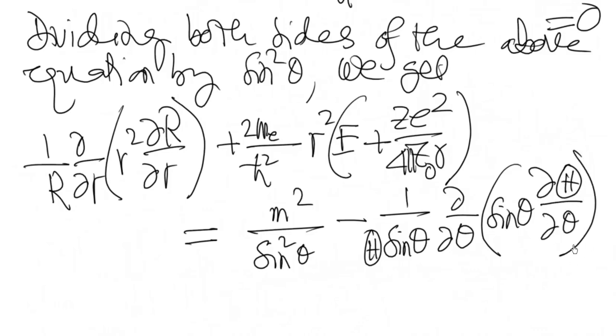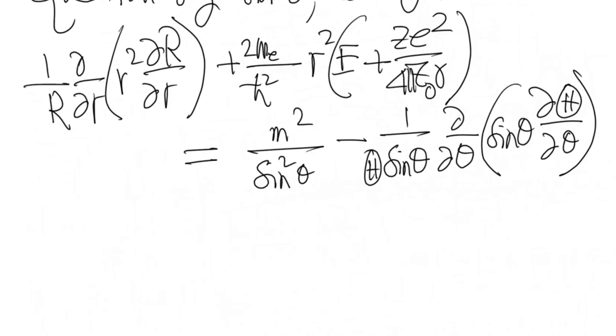Now in this equation also we see that the left hand side depends only on the small r variable and the right hand side depends on theta, so both sides must be a constant.